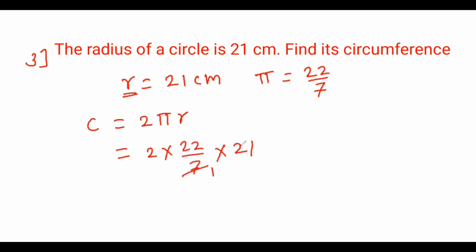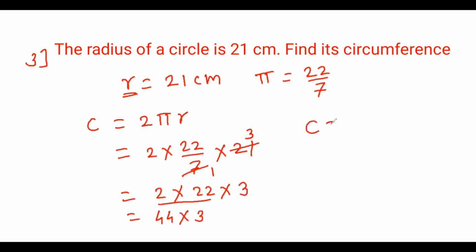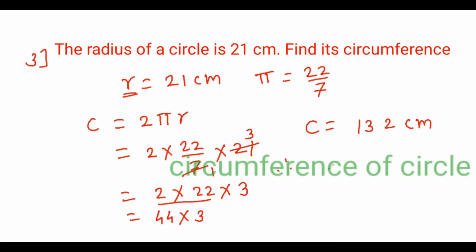So 7 3s are 21. Now look at here, 2 into 22 into 3. This is 44 multiplied by 3. We multiply 44 into 3 and we get 132 centimeter, the circumference of the given circle.